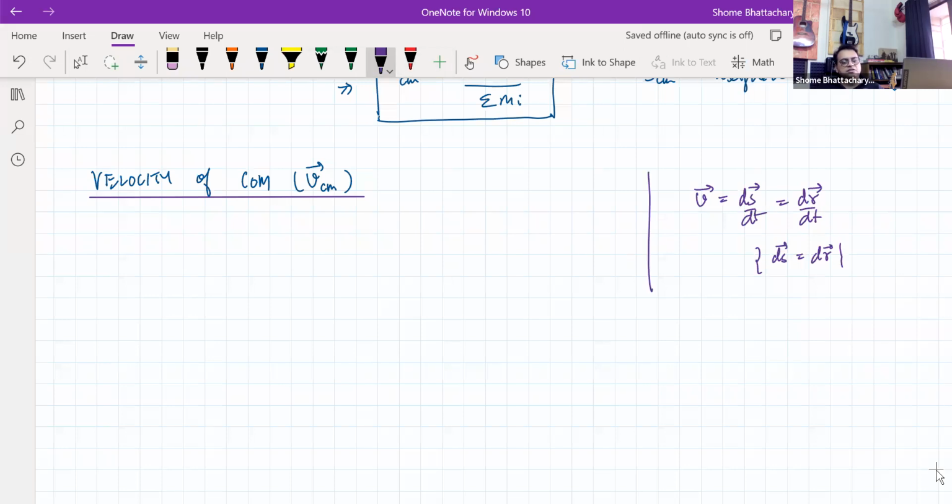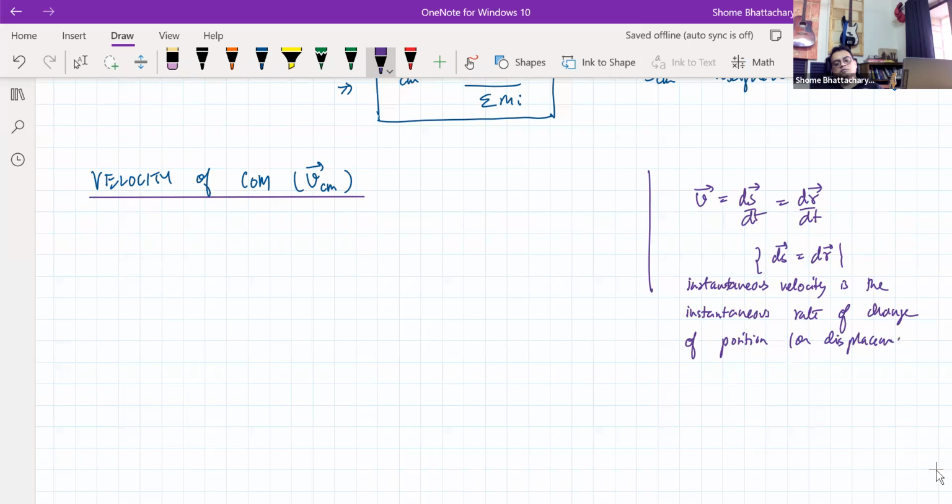So by applying this definition of instantaneous velocity, the instantaneous rate of change of position, we understand that you get a very similar kind of formula here also.